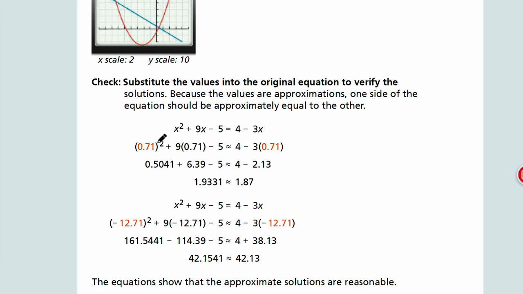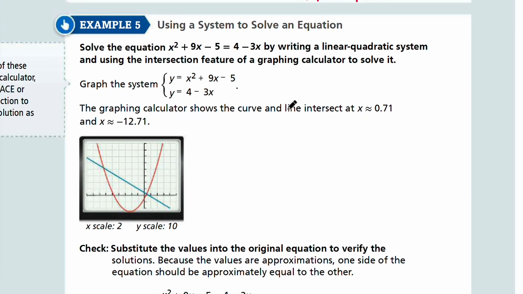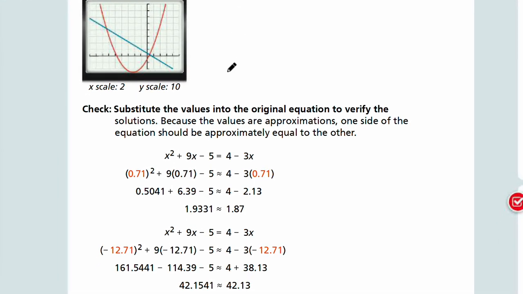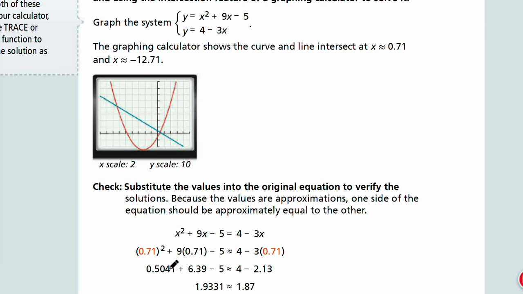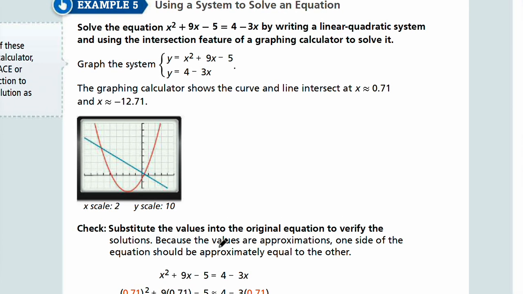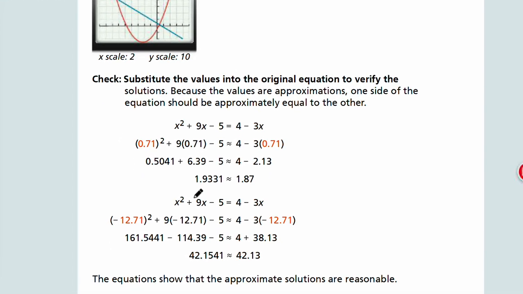So if you plug in 0.71 into the equation, then you want a close number. Obviously these are rounded and your decimals aren't exact, but if you plug in 0.71 into both equations, you should get a pretty close number where it's not too different.